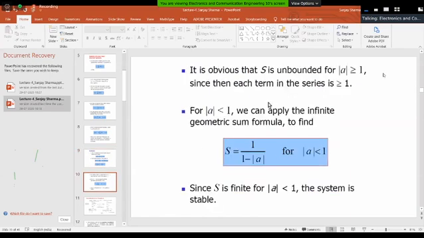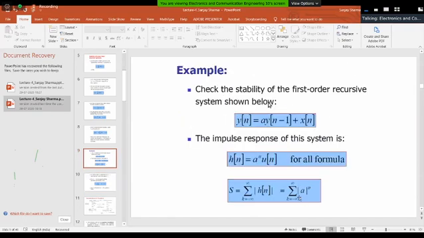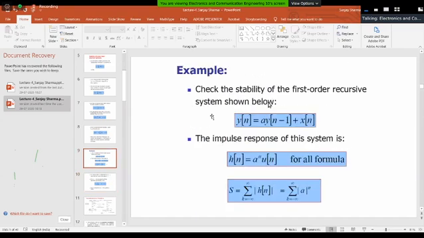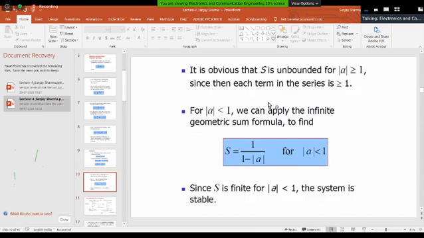Now, it is obvious that S is unbounded for values of modulus of a greater than or equal to 1, since then each term in the series is greater than or equal to 1. But if modulus of a is less than 1, then it will be a geometric sum, a GP series, and the summation of the series is S = 1 over 1 minus modulus of a, for modulus of a less than 1.